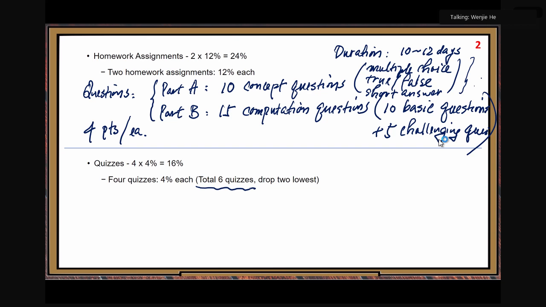Then quiz questions, that's pretty easy because I already explained part A of the big assignment. Each quiz, the same format as part A of the homework assignment. 10 concept questions.